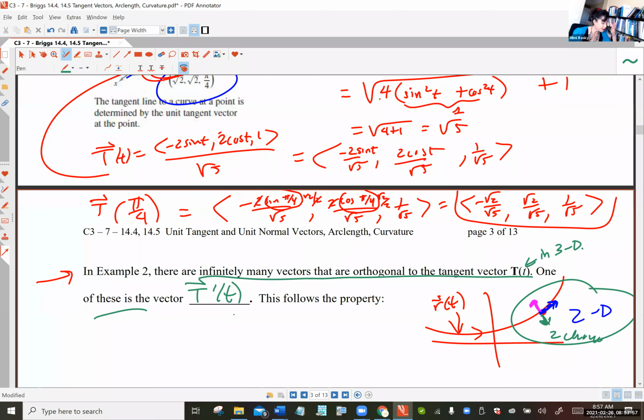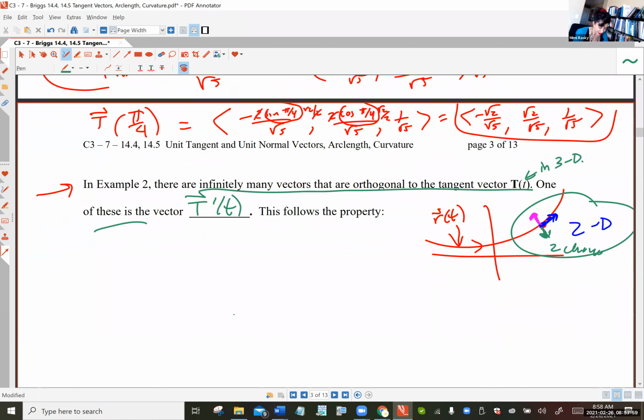Now, why would that be? Now, this is the cool thing. If you recall from a previous theorem, and I know you probably forget, but this theorem said the following. This is from like a week or 2 ago. If the dot product of a vector with itself is equal to C, some constant, then the dot product of that vector valued function, or that vector, with its derivative will be 0.